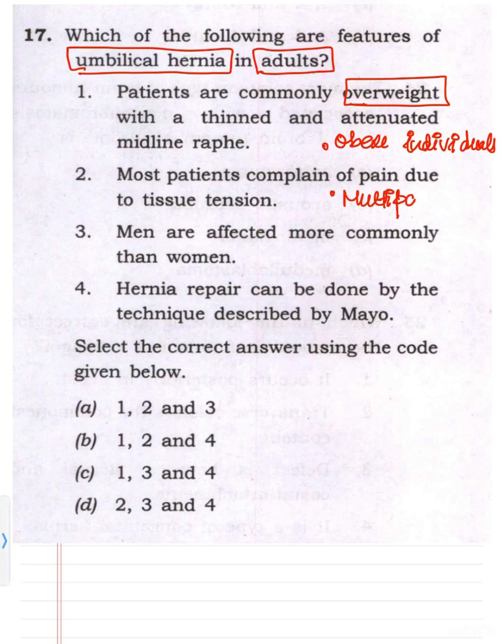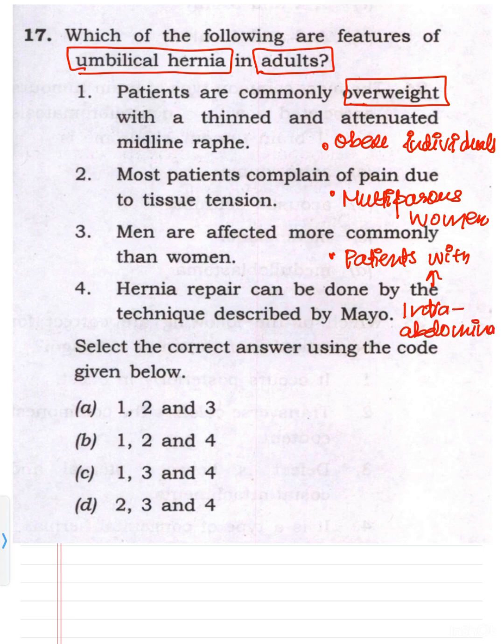Multiparous women, and the patients with raised intra-abdominal pressure, with a thin and attenuated midline raphe.